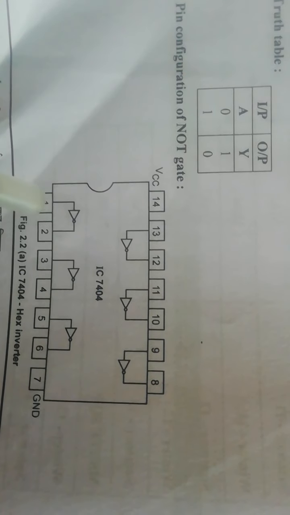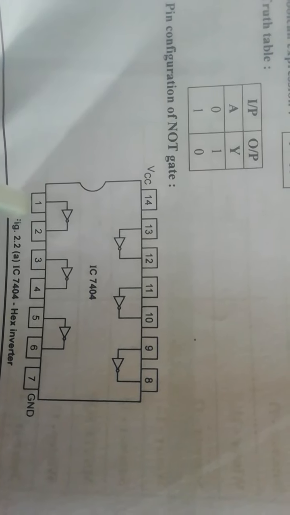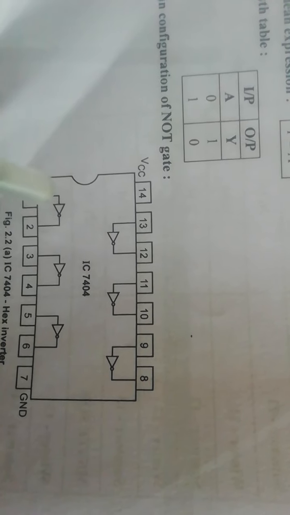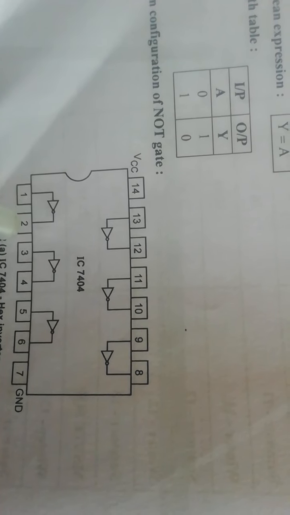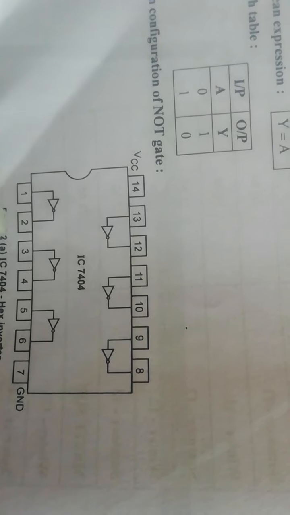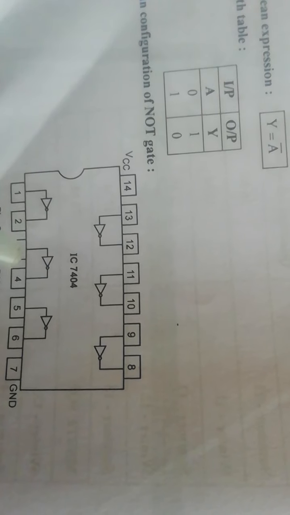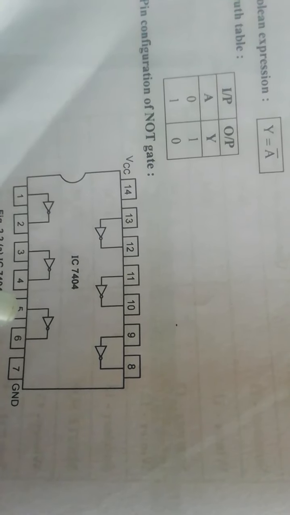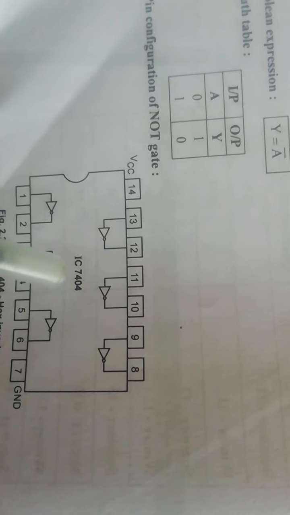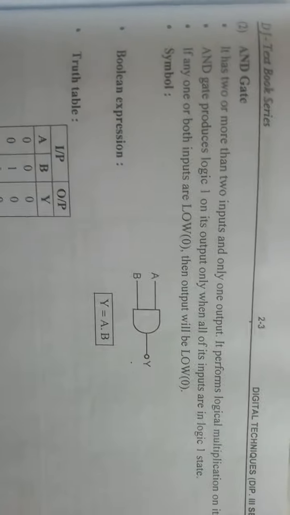At pin one we apply the input, and at the second pin we get the output. Similarly for the third and fourth, input and output. In this way we can connect the wires. Next is the AND gate.